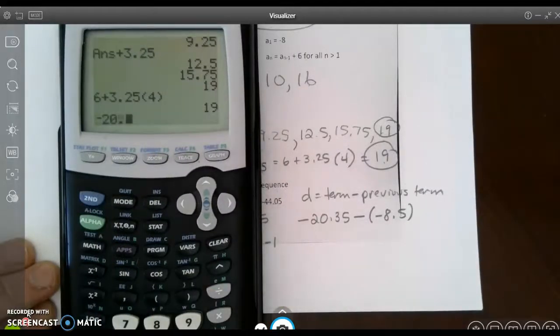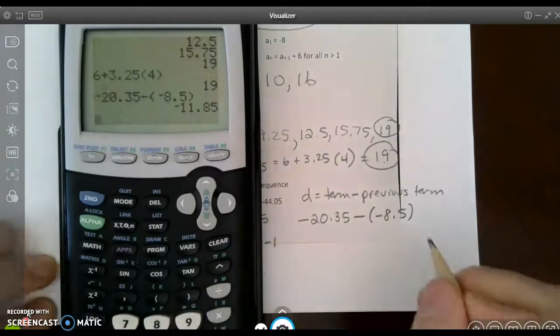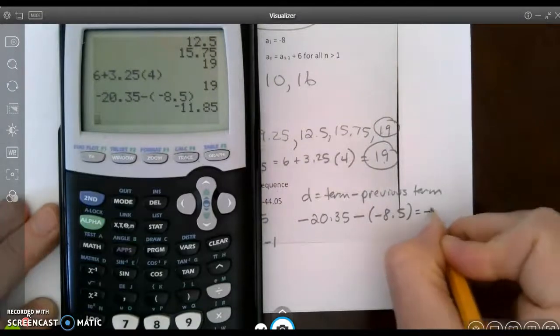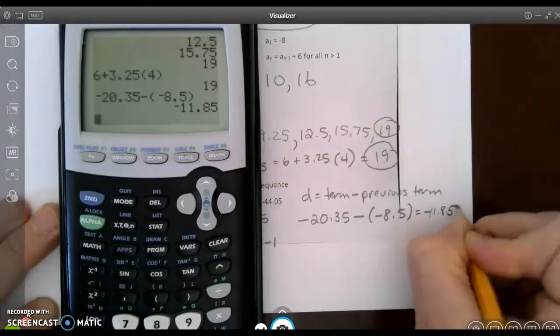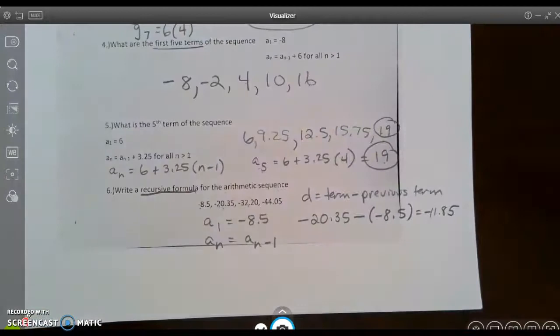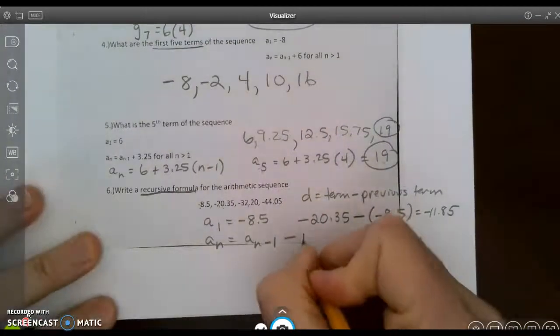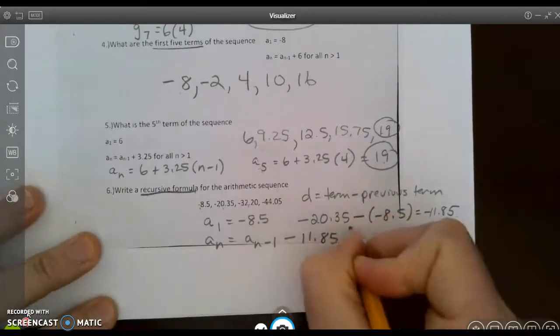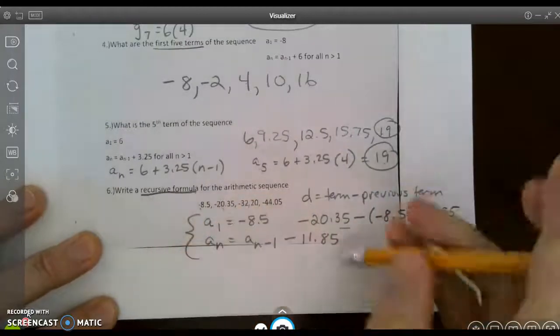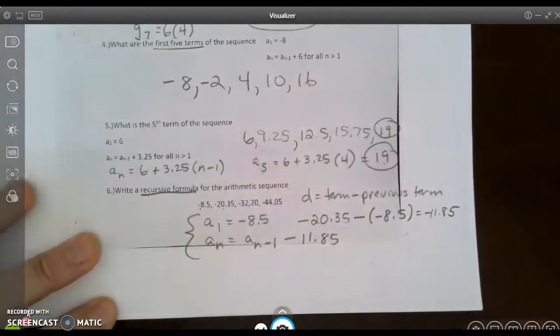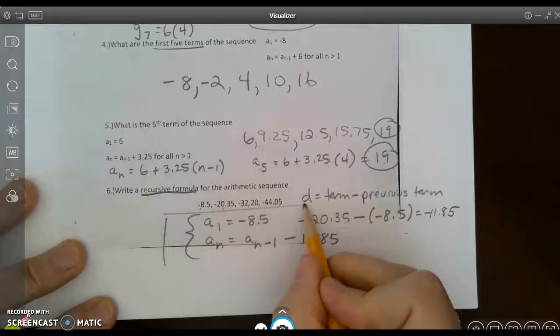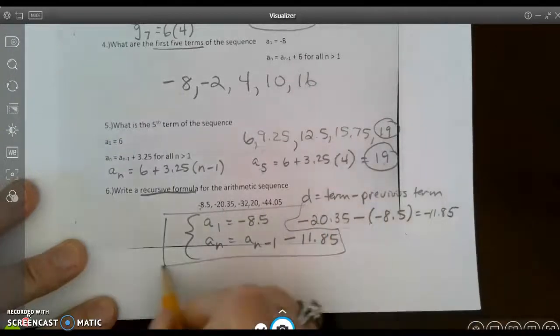Negative 20.35 minus negative 8.5, and I get negative 11.85. That's my constant difference. So minus 11.85. So this whole thing is my recursive formula.